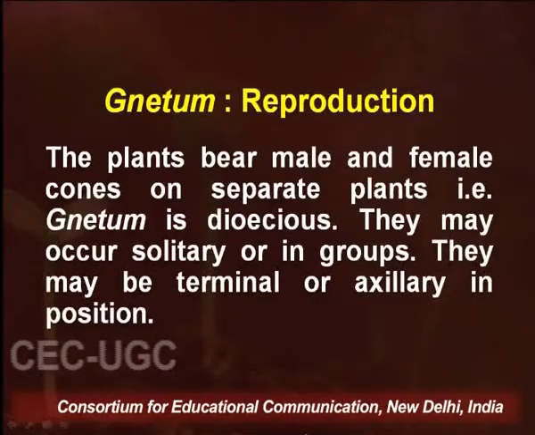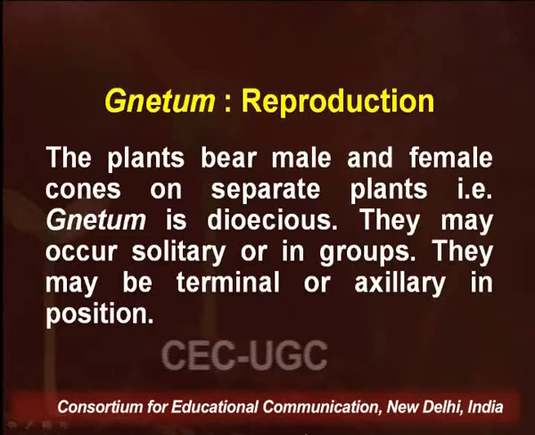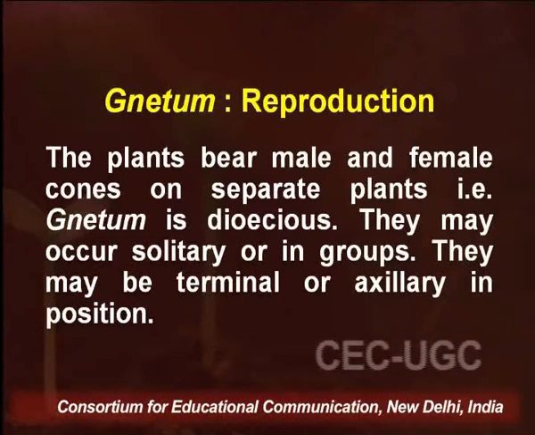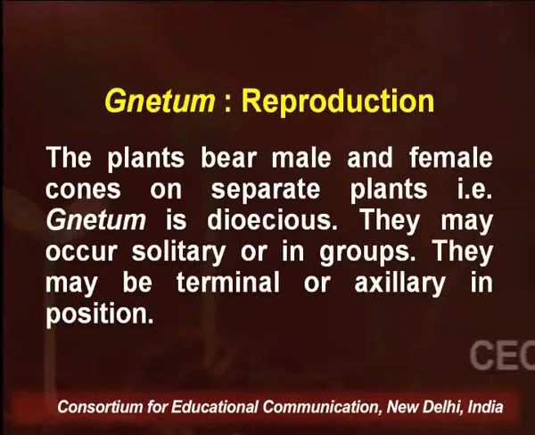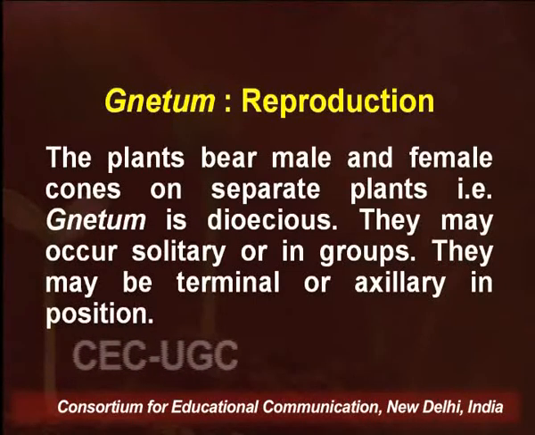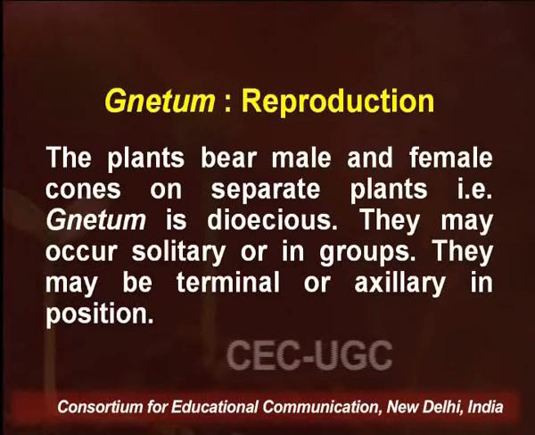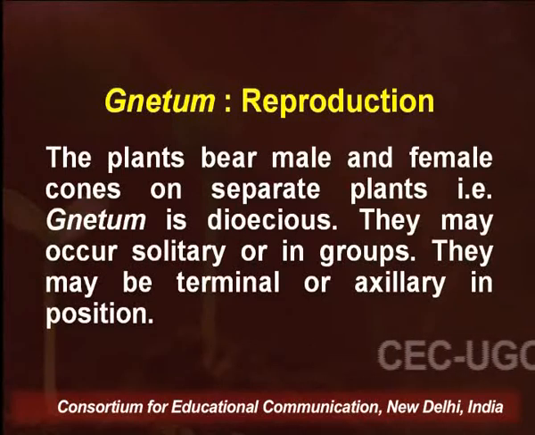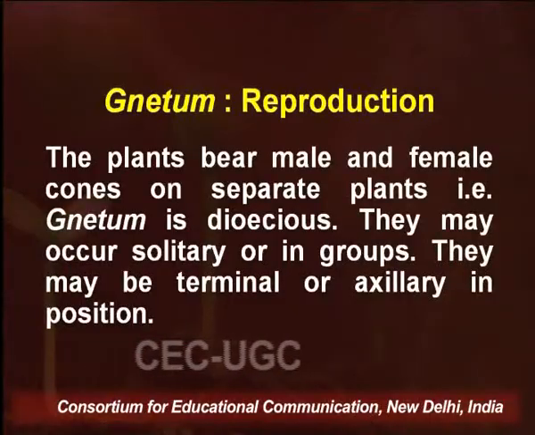Now, as far as reproduction is concerned in Gnetum, the plant bears male and female cones on separate plants. That is, as we have already discussed, the genera of Gnetopsida are mostly dioecious. They may occur solitary or in groups.